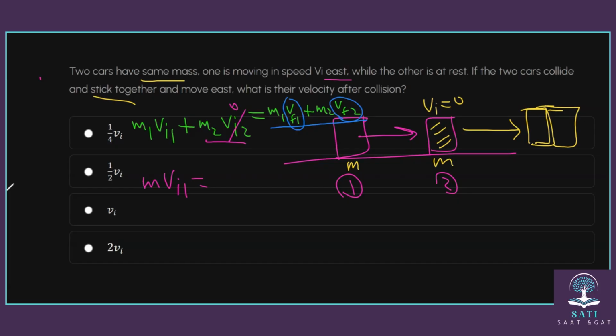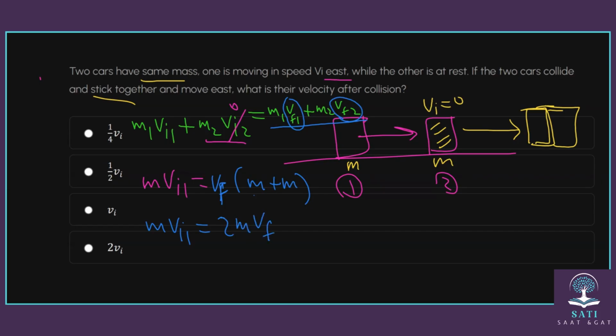So you take the final velocity as a common factor, and it equals (m1 plus m2) vf, which is (m plus m) vf. Then m vi1 equals vf times 2m, so it becomes 2m vf.